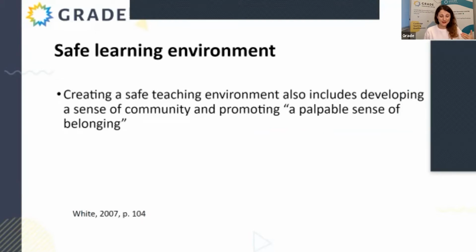And another factor, so we've talked about the learners, the teacher's role, and then another factor that affects motivation is the learning environment that we have to take care of, and it has to be safe. What does it mean to you when we say a safe learning environment?